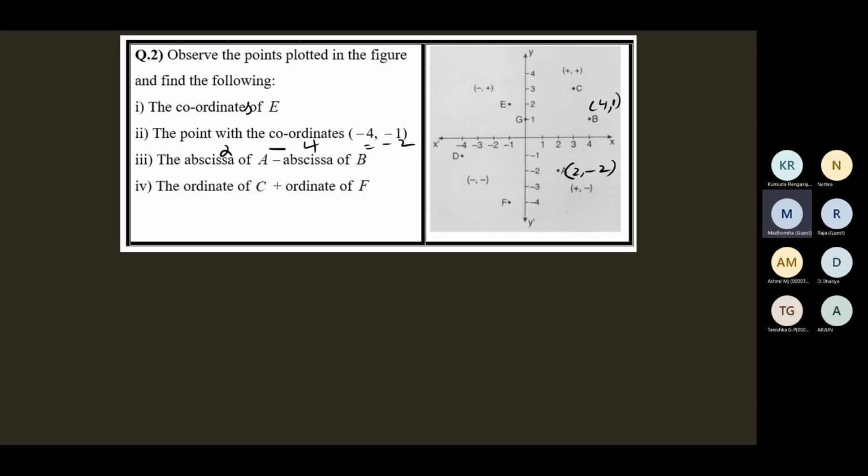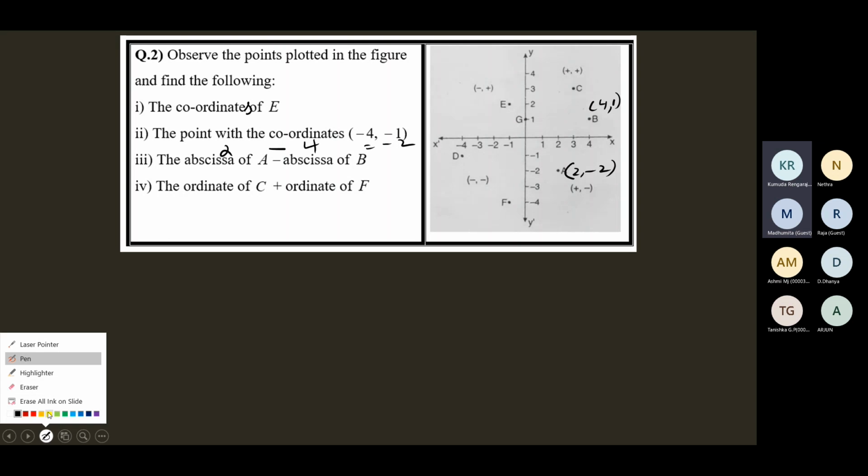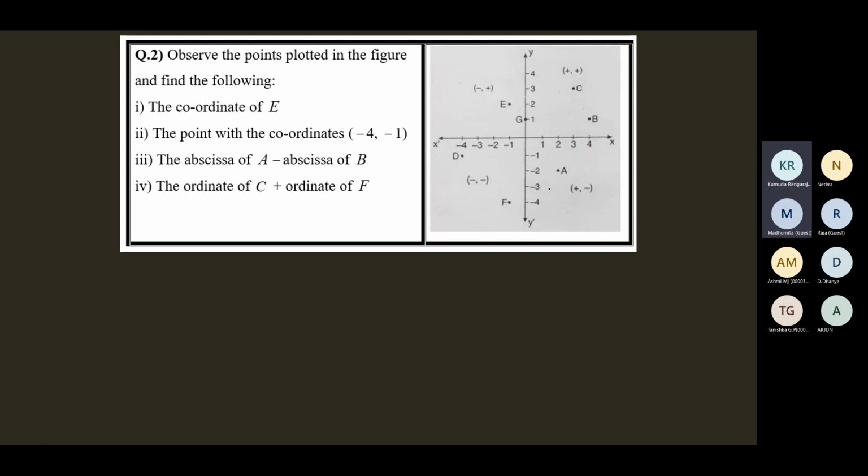Yes, ma'am. Finally, the ordinate of C plus the ordinate of F. Oh, the final answer you're saying. Okay. The coordinates of C are 3, comma 3, is it? Yes. And F?